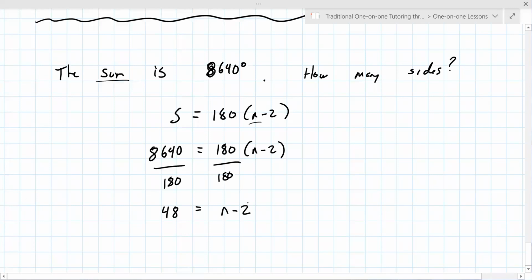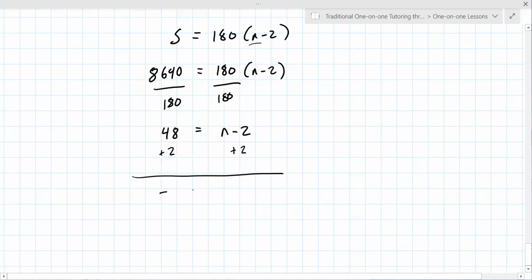And how do you undo subtraction by 2? You want to add 2 to both sides, so that becomes 50. Okay, so it's a 50-gon.